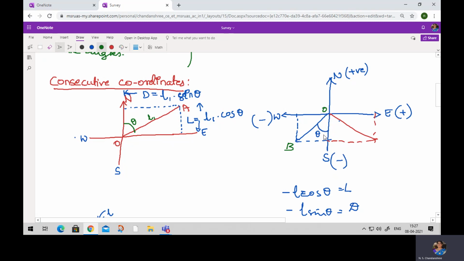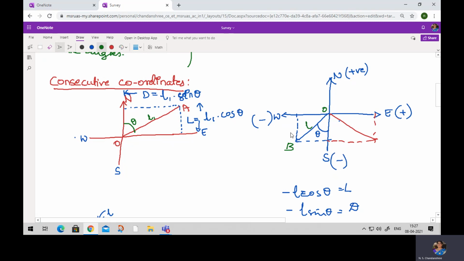So it is measured from the south, theta, and this distance is L. The latitude of this line is the projection of the line on the north-south axis, L into cos theta, and the departure is the projection of the line on the east-west axis, calculated using the formula L sin theta. Similarly here, what sign will these latitude and departure have?